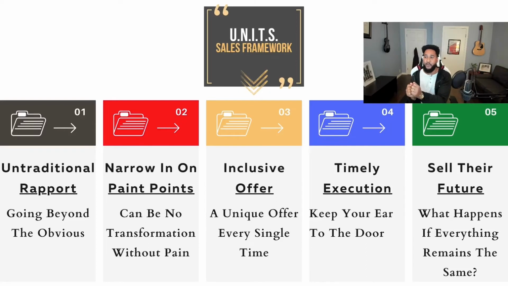This is why, once again, narrowing your pain points is so crucial, right? Because now when you're selling that future, you can truly understand where they're coming from right now. If you don't do a lot of these pieces in advance leading up to this point, when the objection handling starts to kick in, you have zero leverage, right?